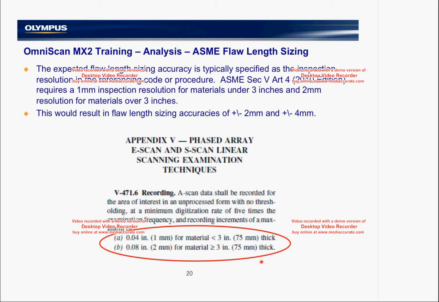And for larger than that, we would use a 2 millimeter. If we're using a 1 millimeter inspection resolution, we could expect a worst case scenario of plus or minus 2 millimeters in our sizing technique. As we get smaller diameter piping with thinner components, the mathematics behind the reject accept is very dependent on a very tight, small inspection resolution.